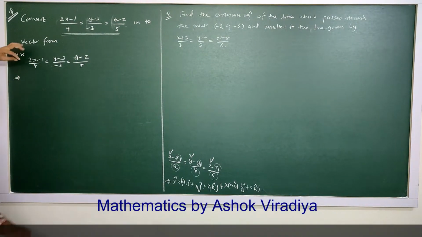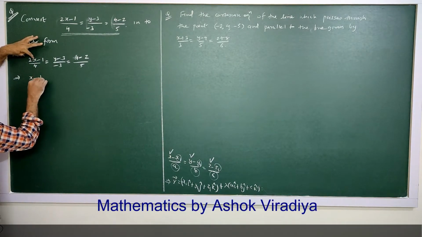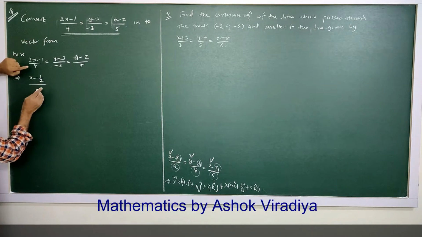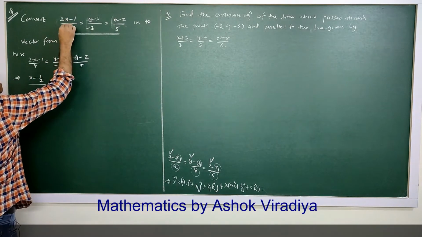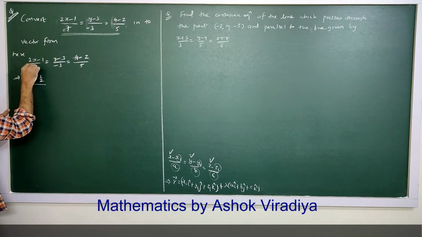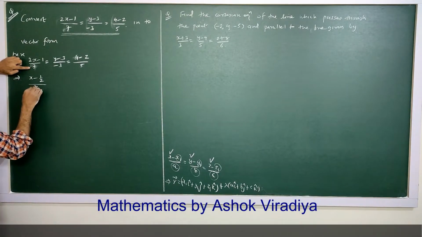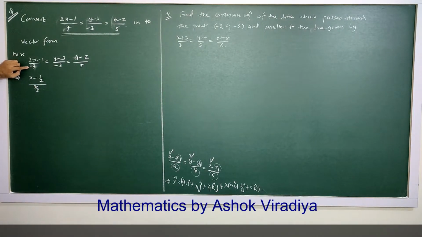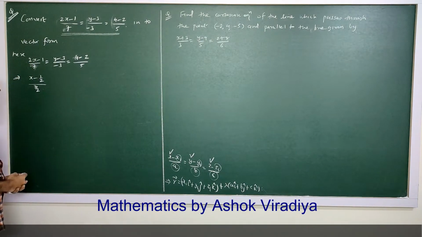So what we do, here divide numerator and denominator by 2. So dividing the numerator by 2, it is x minus 1 by 2. Suppose I change here the number to 7, converting this into a little more difficult form. So 7, this will be 7 by 2. So numerator and denominator are divided by 2.